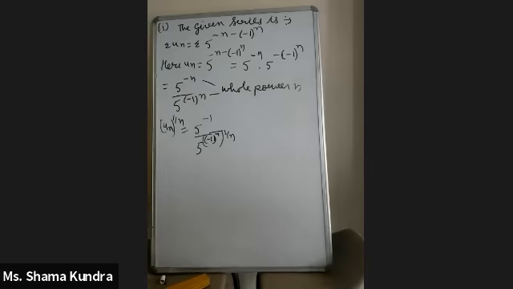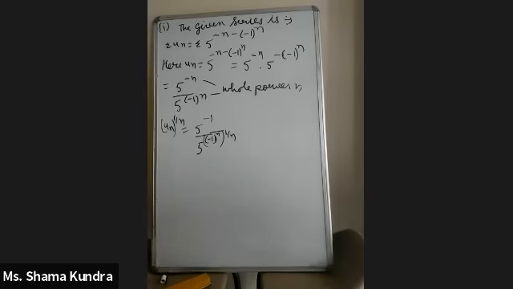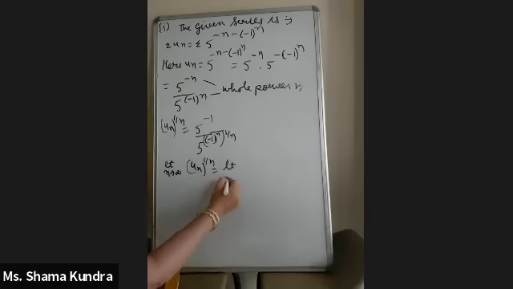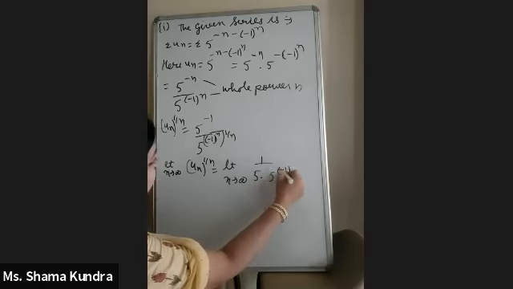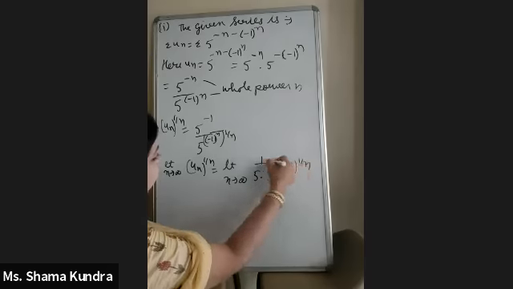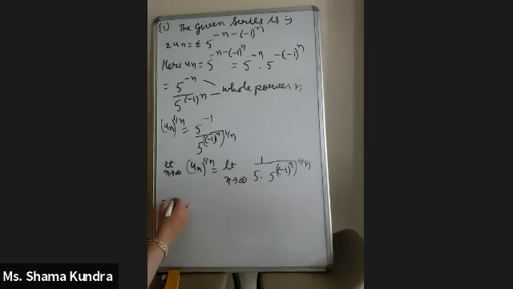Now see how we can simplify it. See, minus 1 raised to power infinity. n is infinity. It is either minus 1 or 1.